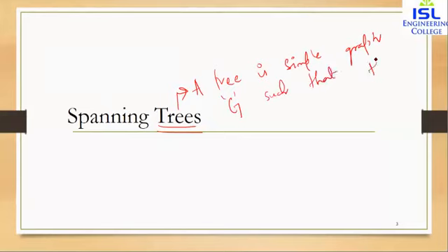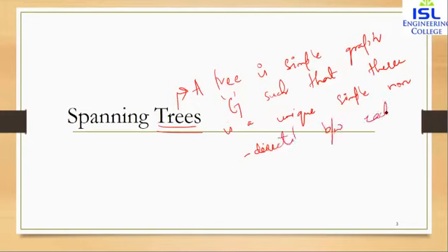there is a unique simple non-directed path between each pair of vertices. Now, what is a tree basically?